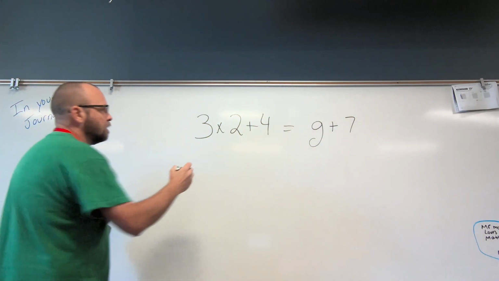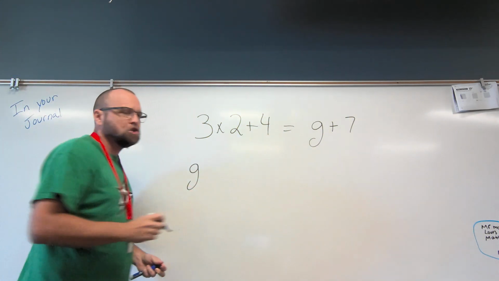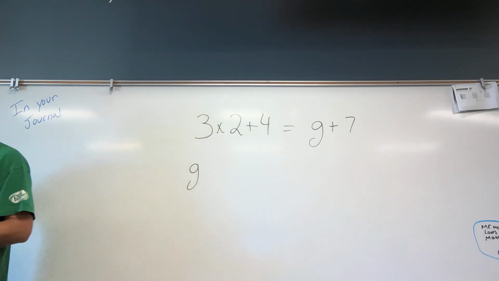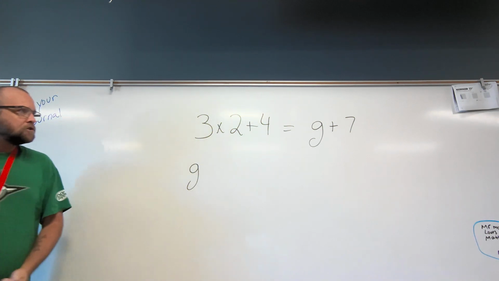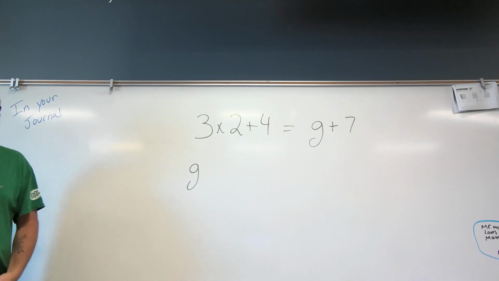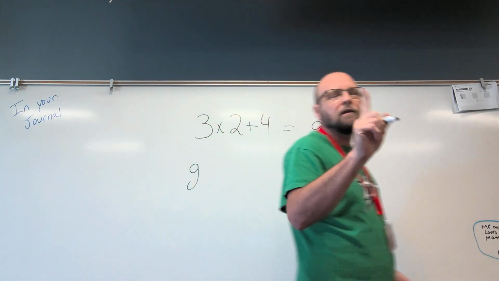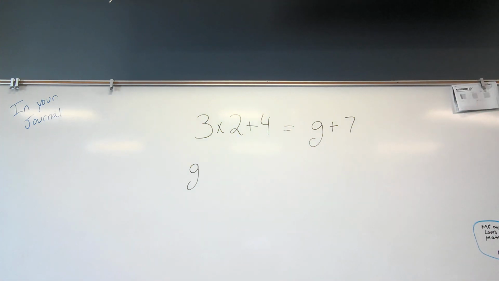And your question is, what does G equal? Let me show you how to get it. Because G does not equal 10. No, shh, listen. I'm going to show you how to get it. And then I'll answer questions.